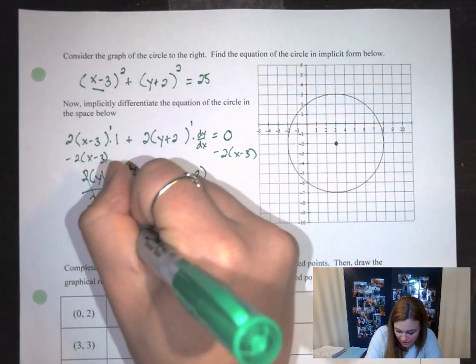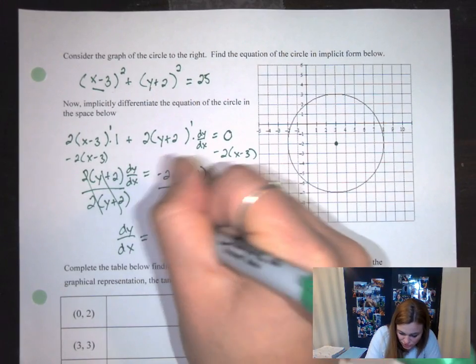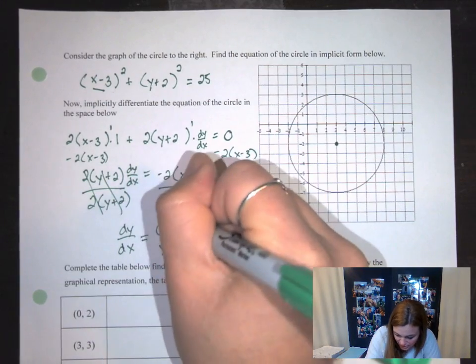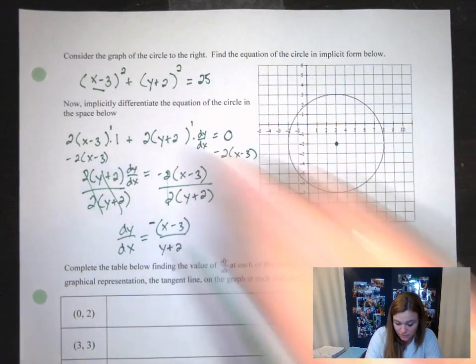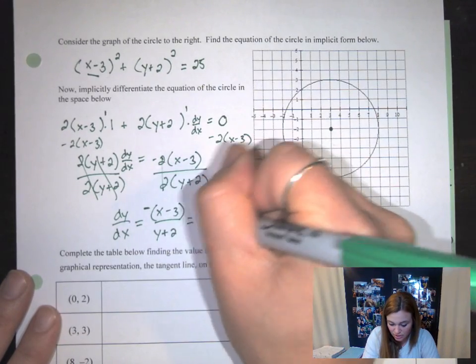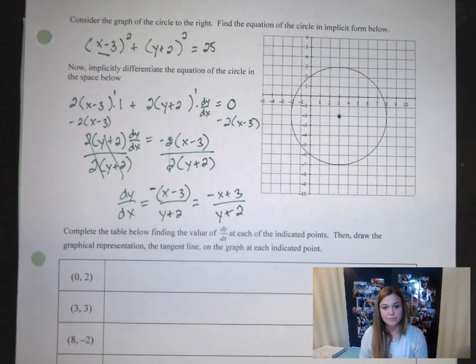And I can see I get a derivative, dy dx, that is x minus 3 over the quantity y plus 2. And actually there's a negative in here. If you wanted to change that right away to negative x plus 3 over y plus 2, you could. But you don't have to. You could just leave it like this.